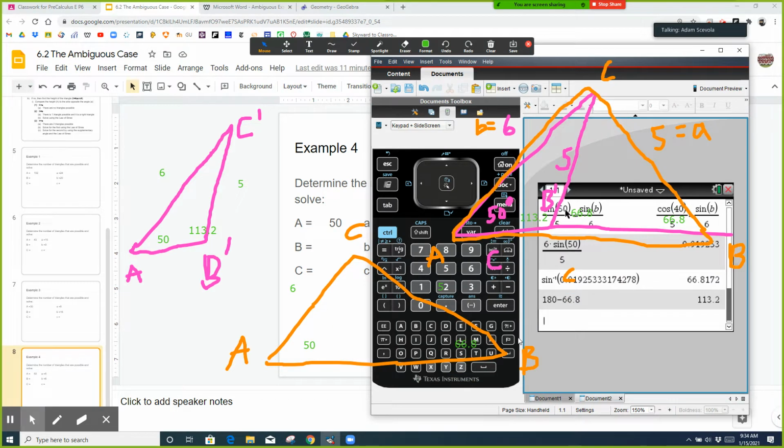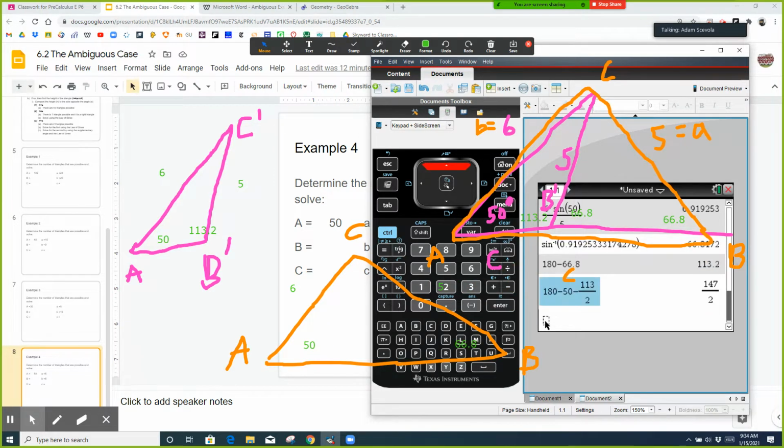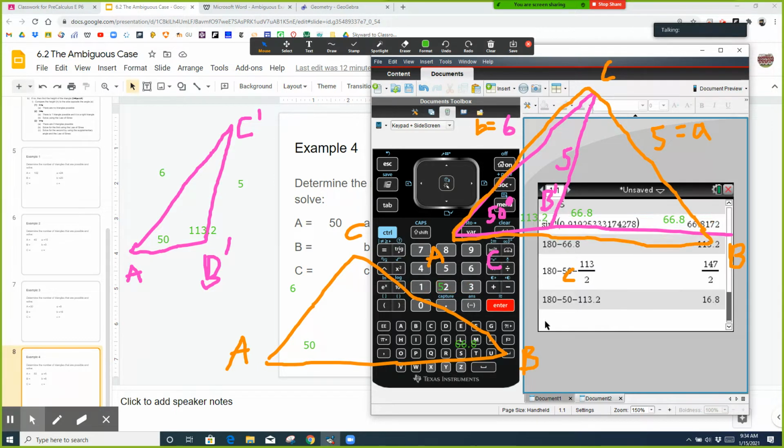clear, for the pink triangle, we would do 180 minus 50 minus 113.2. We get 16.8. And then just do the law of sines to find side AB prime.